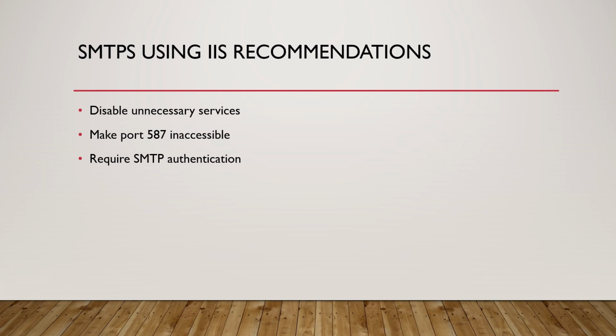Make port 587 inaccessible, so this will allow that port to be closed from any external sources, basically closing up that vulnerability. And then require SMTP authentication, so this would be before sending out messages to external domains.